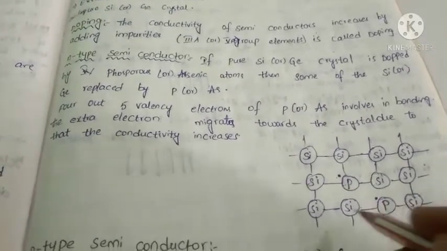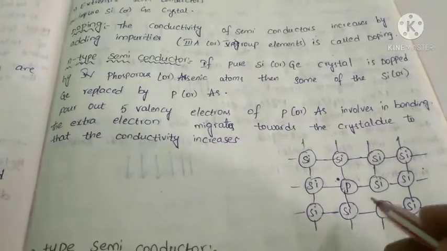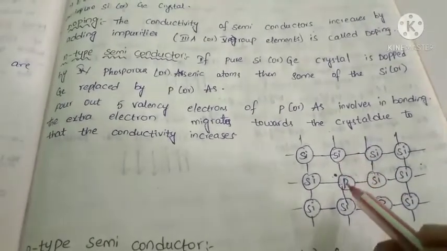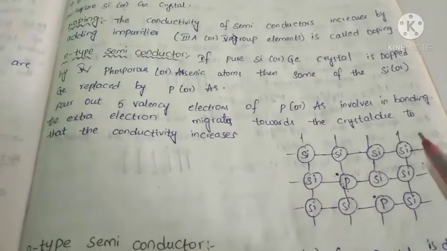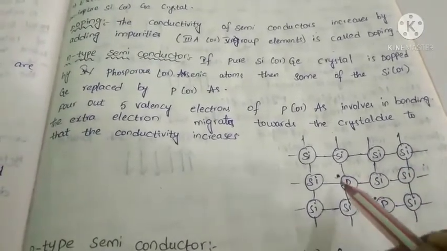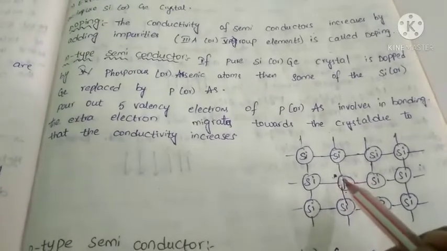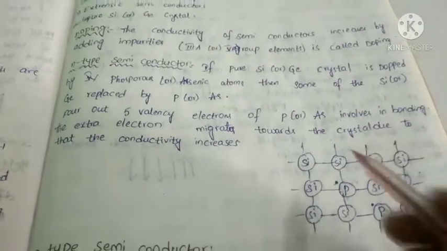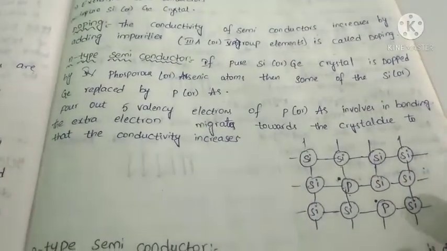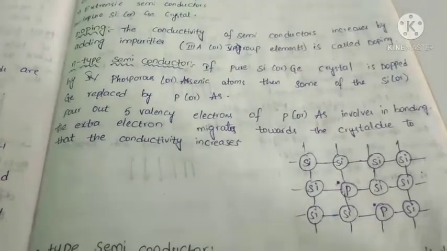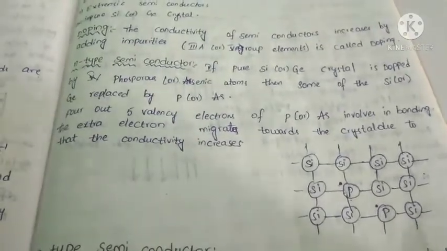That means 4 valence electrons are involved from the silicon atom and from the phosphorus atom. But still phosphorus contains 1 valence electron, because it does not form a bond with another atom, because the other atom does not contain a valence electron. Then there is no chance to share that electron with another atom, and no chance to form another bond.